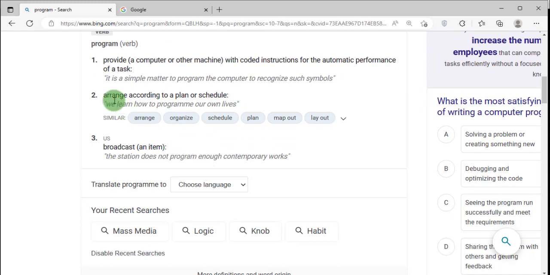So we have an example for this: we learn how to program our own lives. I just read it in a hurry. Here it is saying that we as humans must learn how to program our own lives. We just don't want to have an automatic mode, every day just waking up, having breakfast, going to school or office, coming back home, having dinner, going to sleep, and the next day repeating again.